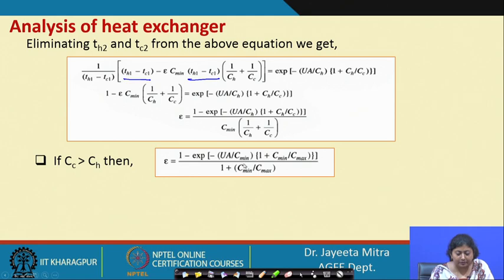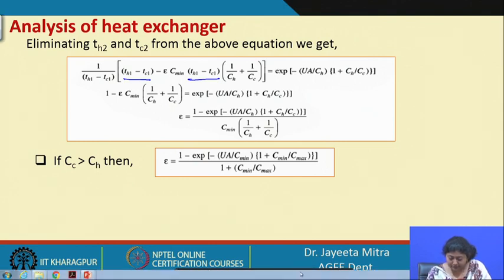So Ch is C minimum now, into 1 plus Ch, that is C minimum by C max, divided by C minimum, okay, into Ch is minimum here. So we take this C min inside. So we are getting 1 plus C minimum by Cc, that is C max.